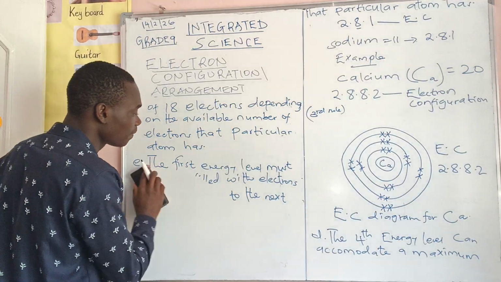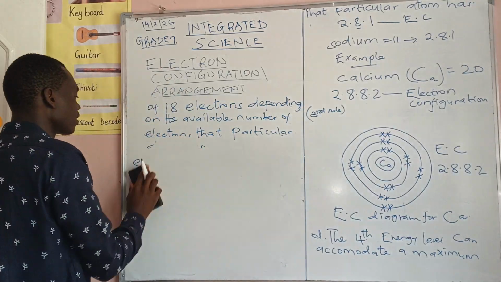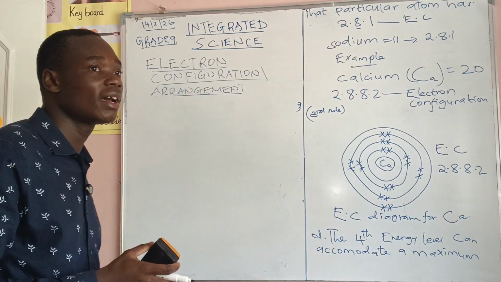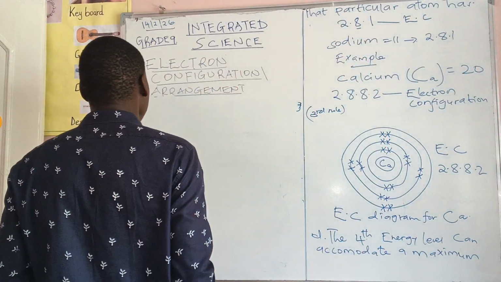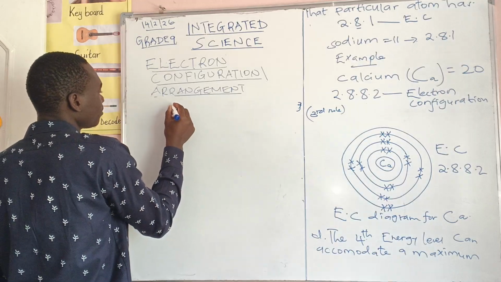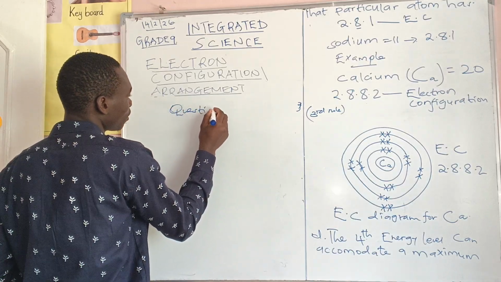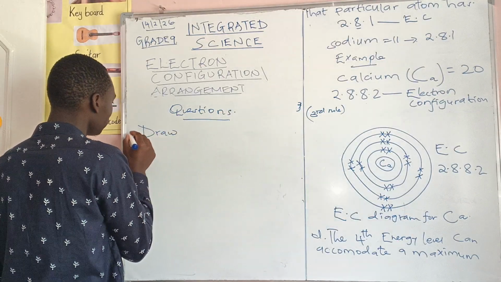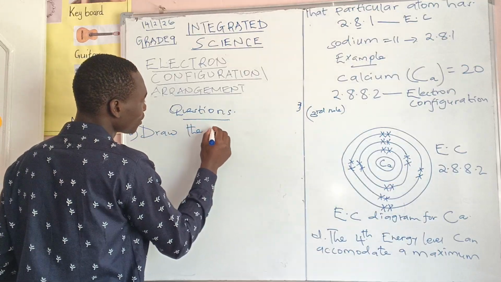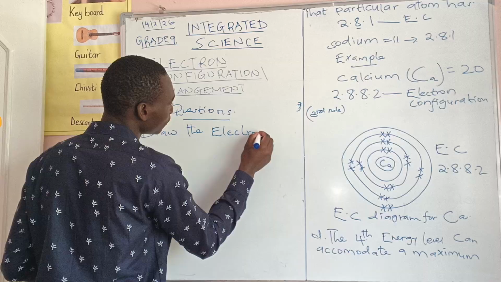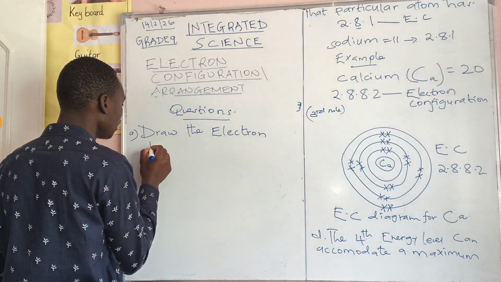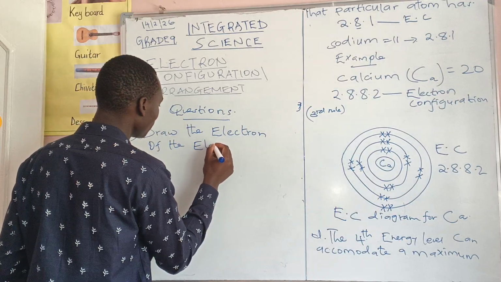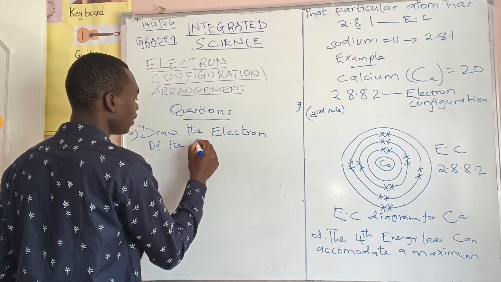Before I move to the next subtopic, I want to give you some questions based on this subtopic of electron configuration and electron configuration diagram. Try the following. Draw the electron configuration of the following elements.